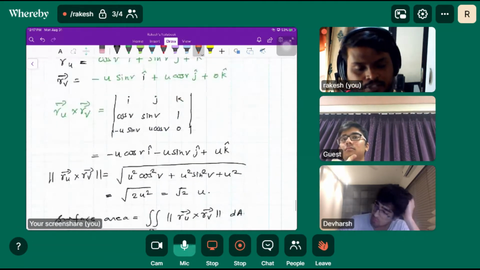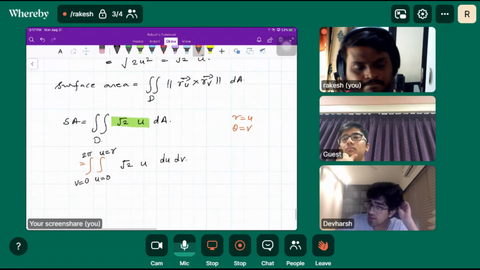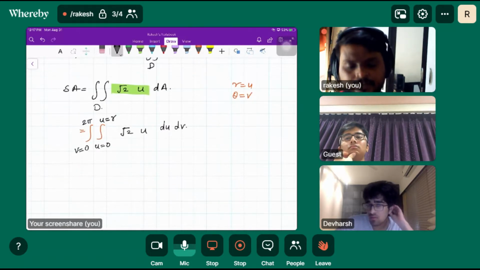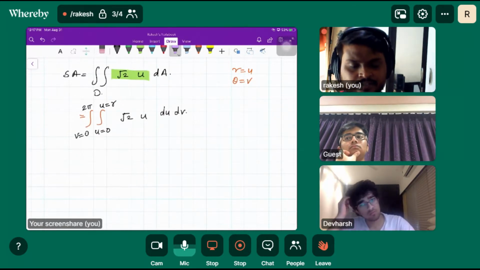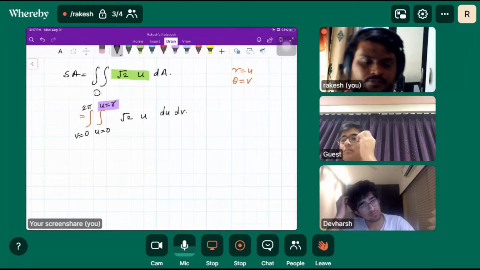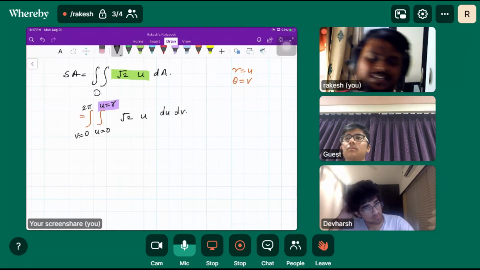R is a variable. We are finding the general formula to find the surface area that depends on r.